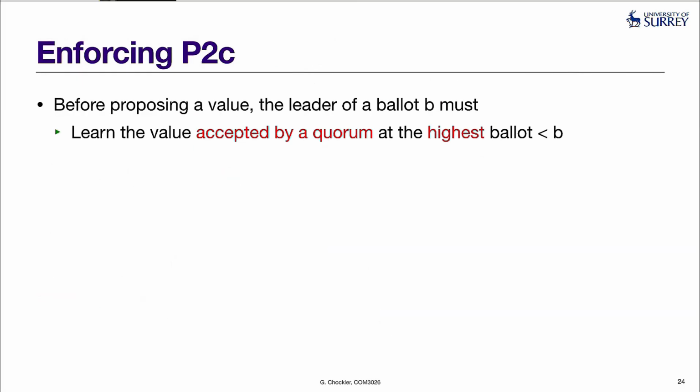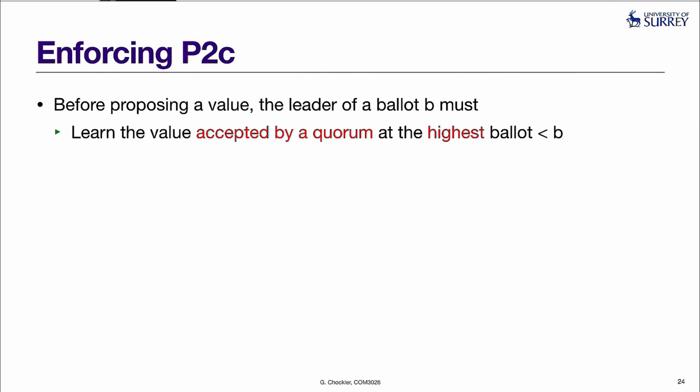So now when we have this detailed condition P2C, our next task is to see how it can be translated into the actual code, into the actual algorithms executed by processes. There are actually two parts to it, and the first part is as follows.